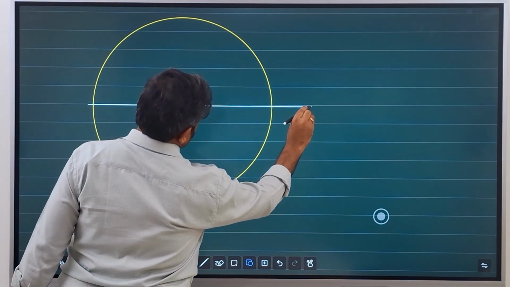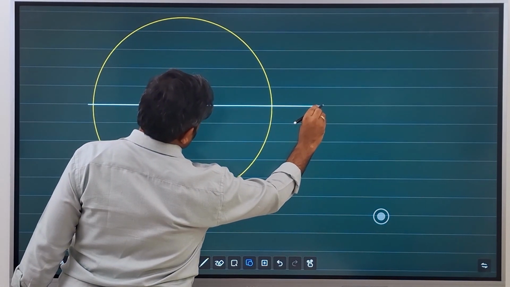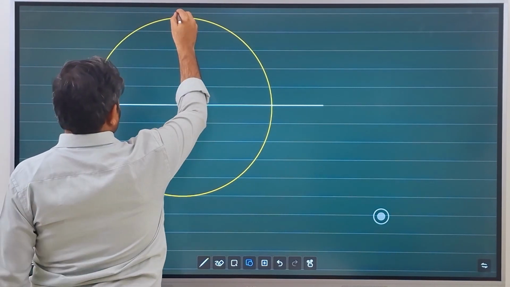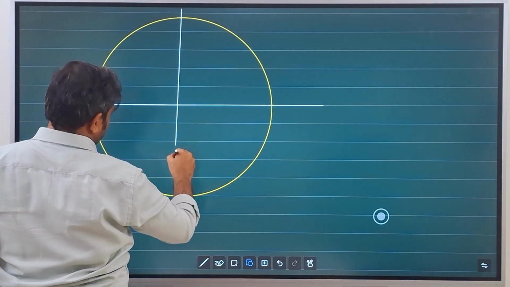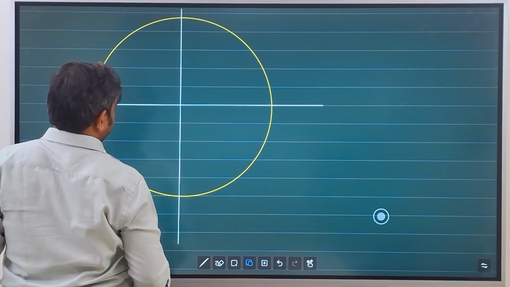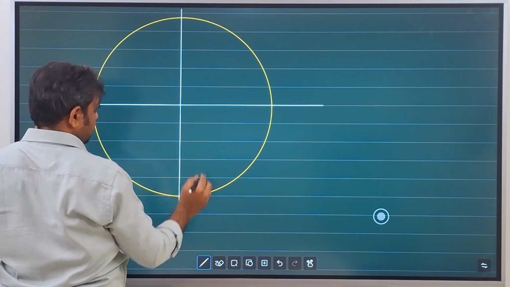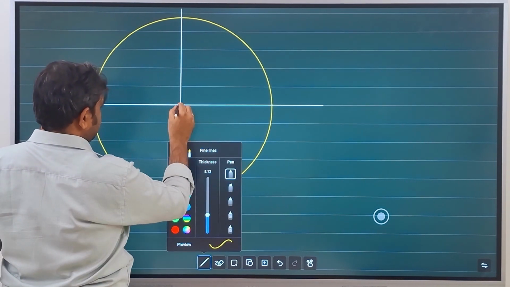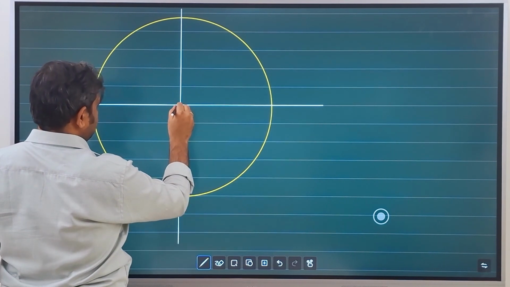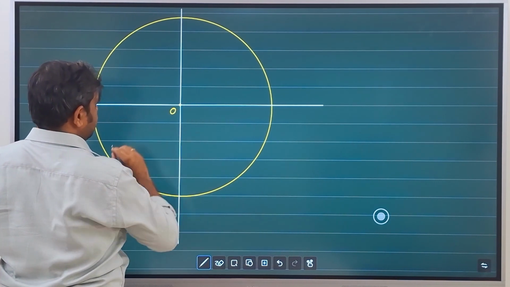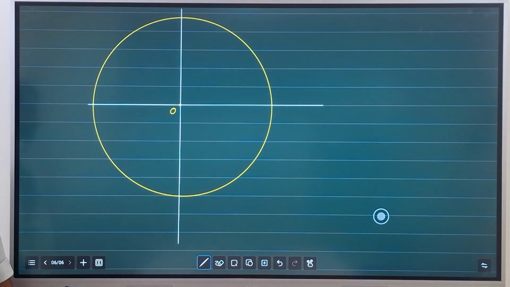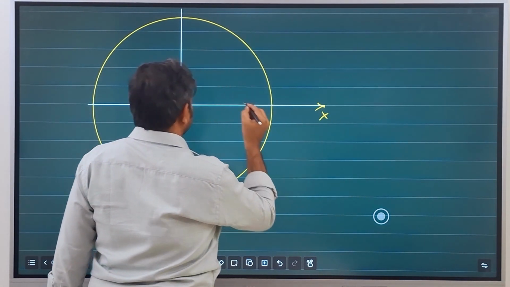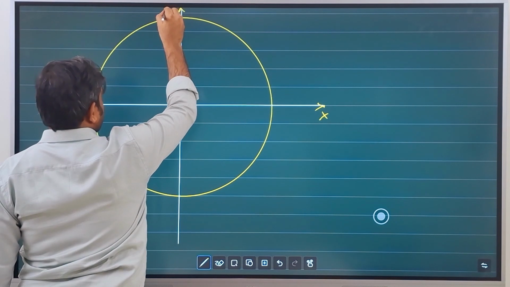Let's say this is the x-axis, the horizontal line, and the vertical line passing through the center of the circle is the y-axis. This is the center of the circle.